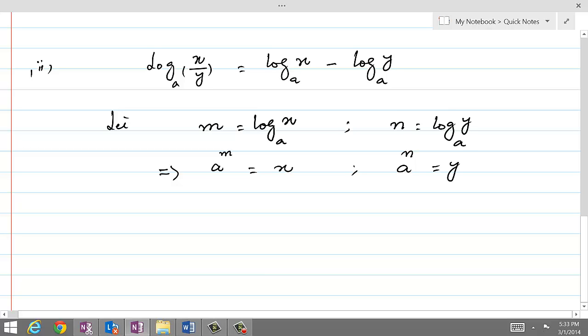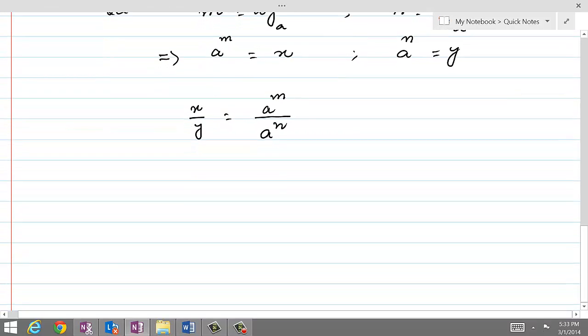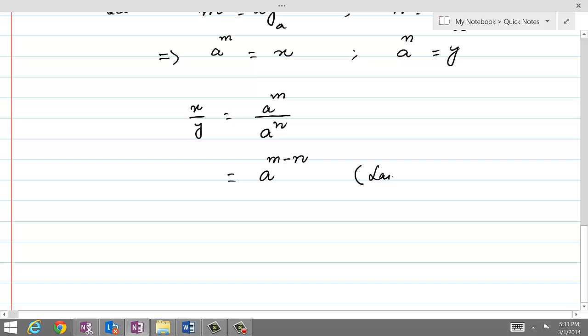And now if we take the quotient x over y, that is equal to a power m over a power n. And if we remember, we can still use the law of exponents. This would become a power m minus n. Again, what we have done is use the laws of exponents.